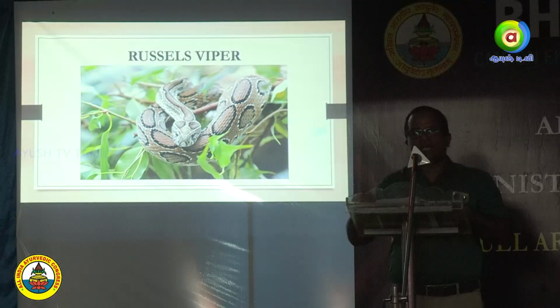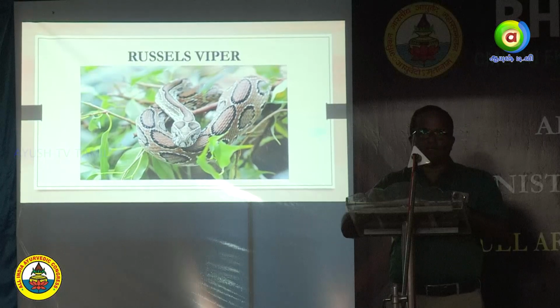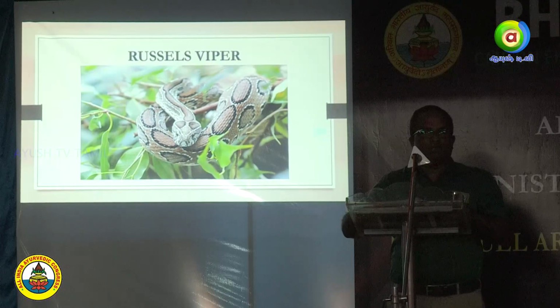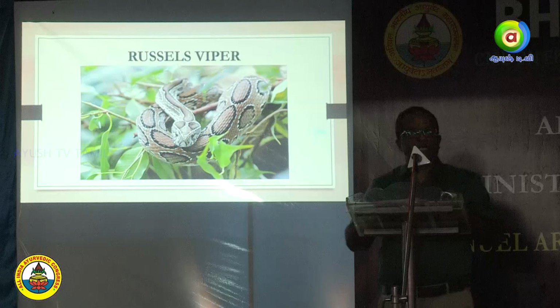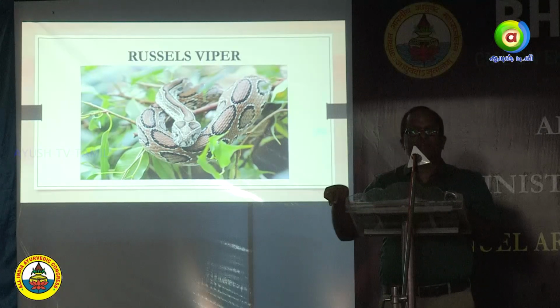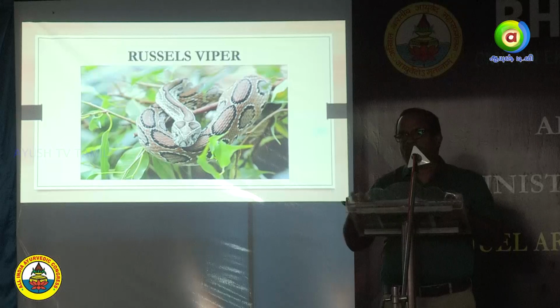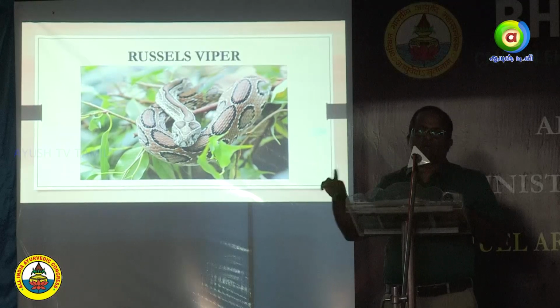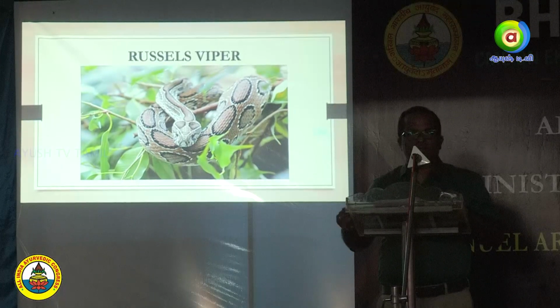Again, one problem will arise where it will resemble a python child. Normally it will be mistaken for a python child, and people will take it in the hand. Why will this happen? Since it is hemotoxic, death can happen stage by stage. Cobra and king cobra are neurotoxic.